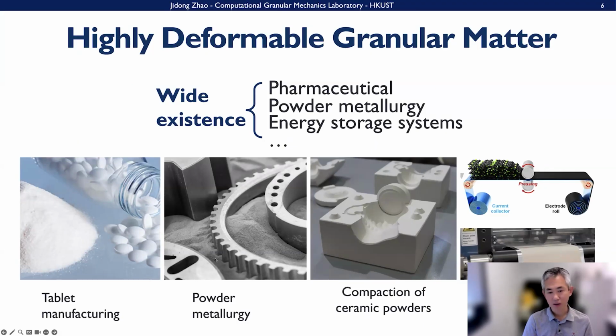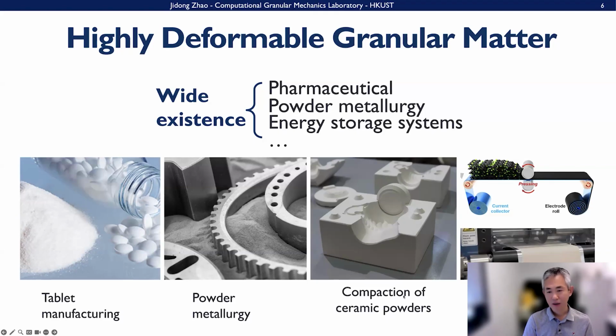Also in powder metallurgy, in many situations we heat the powder at a high temperature and then compact it, or we sinter it, which is another way we do it.